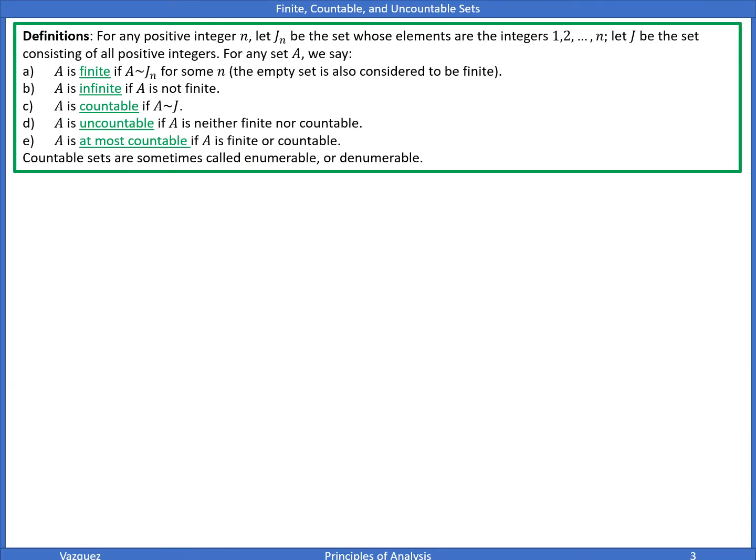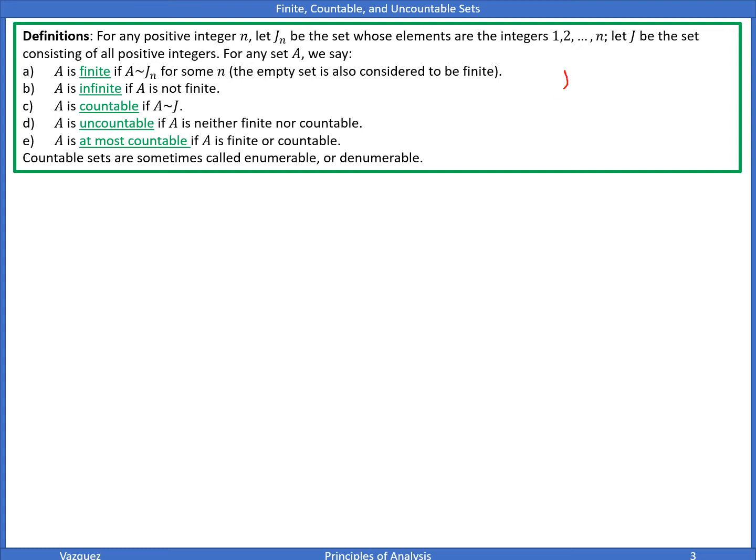For any positive integer n, let J sub n be the set whose elements are the integers 1 to n, and let J be the set consisting of all positive integers. For any set A, we say A is finite if A is equivalent to J sub n for some n. So just as your intuition would tell you.